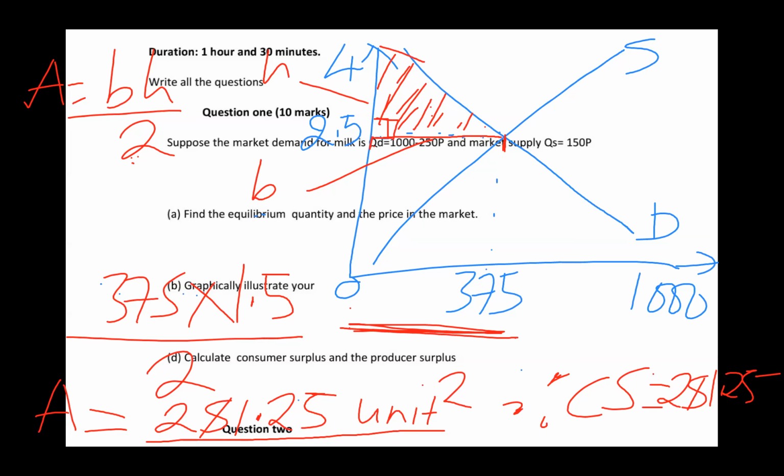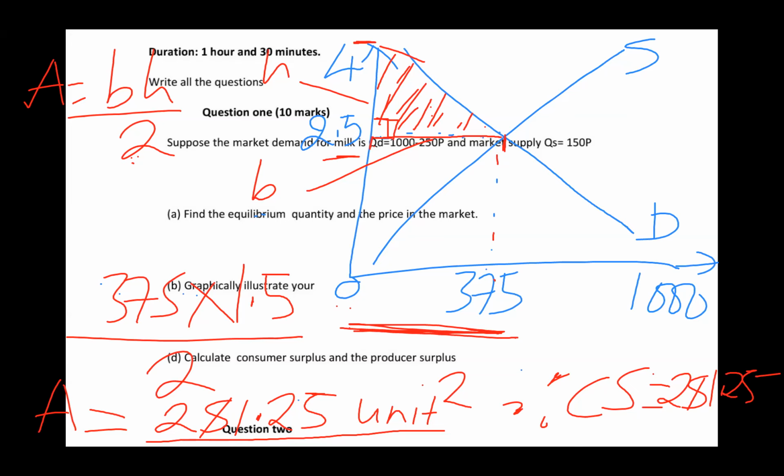Calculate that area. I've shown you what the base is and what the height is. The base is always from 0 up to the equilibrium quantity. Then the height is the difference between this intercept and the equilibrium price. Is that clear? Yes.